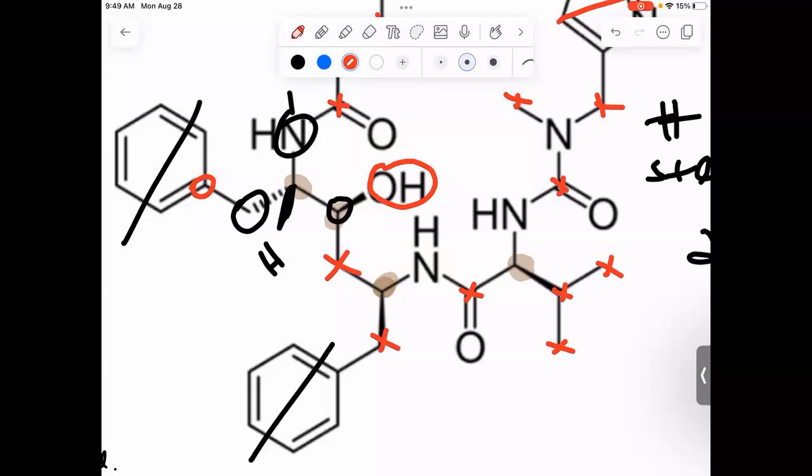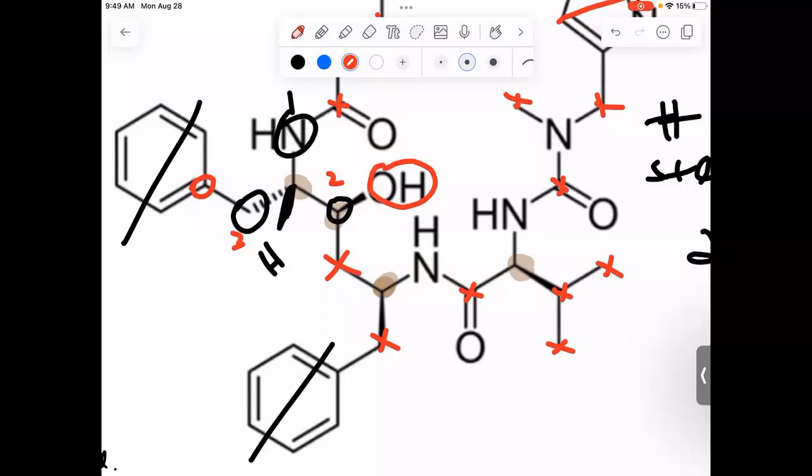All right. So what's the priority? Which one is 2 and which one is 3? Is this carbon 2 on that side? Yes. And then this is 3 here. Yes. Now, question: clockwise or counterclockwise?